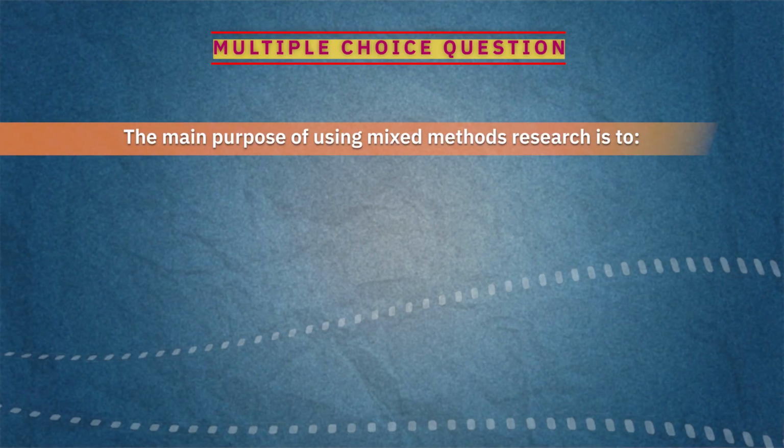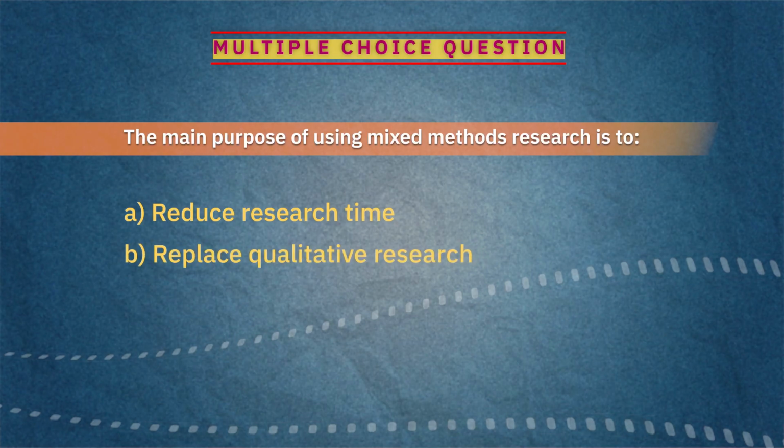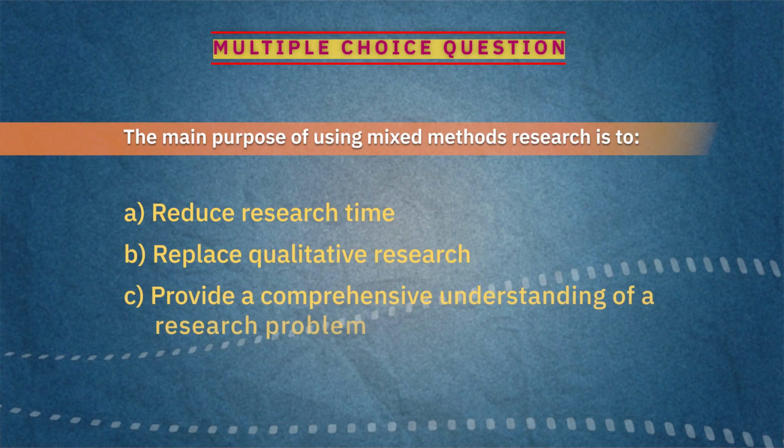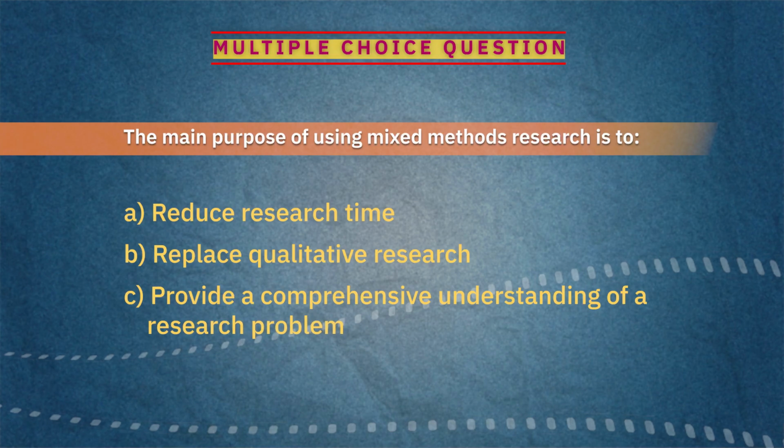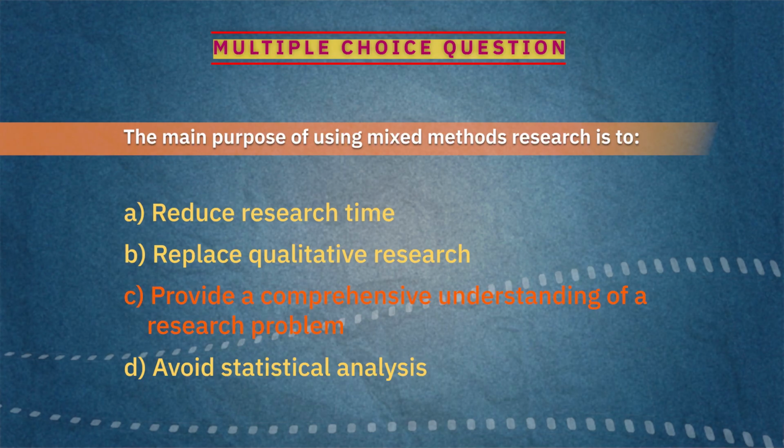Another question: the main purpose of using mixed method research is to: A, reduce research time; B, replace qualitative research; C, provide a comprehensive understanding of a research problem; D, avoid statistical analysis. The answer to this would be C, provide a comprehensive understanding of a research problem.